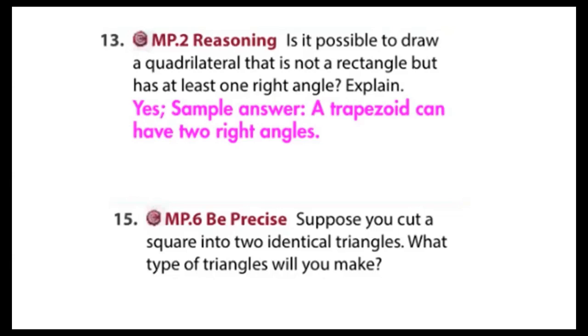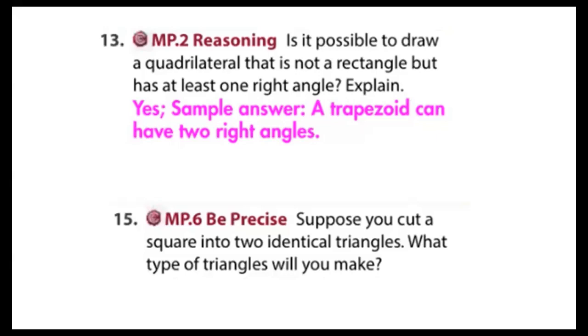Number 15. Suppose you cut a square into two identical triangles. What type of triangles will you make? If you have a square and you cut it diagonally, sure, we know that the square contains four right angles.